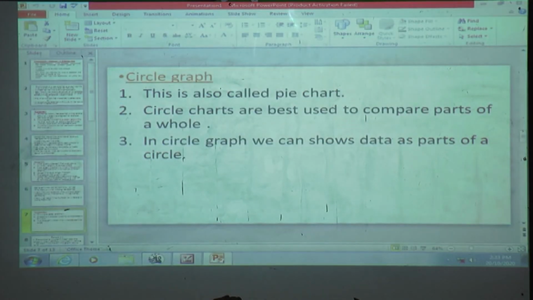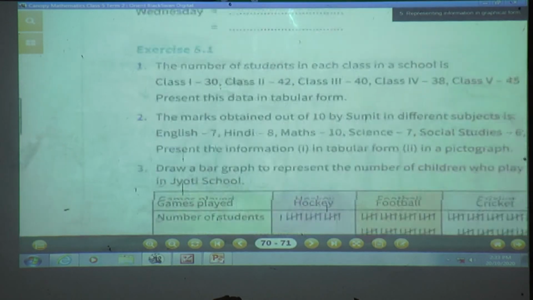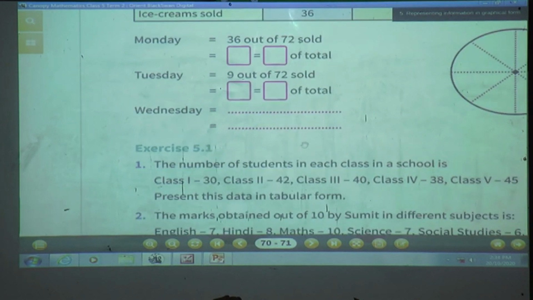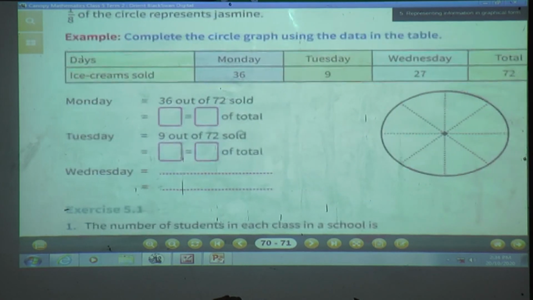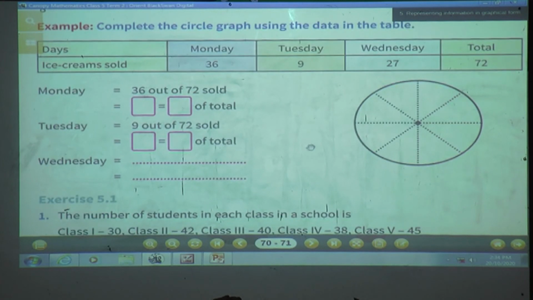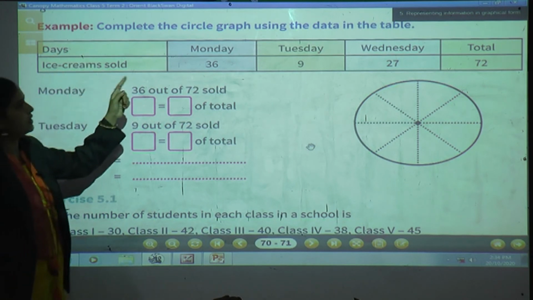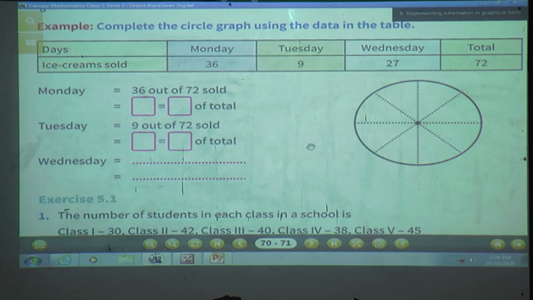Open page number 71. Here they have given us one example. See it. Complete the circle graph using the data in the table. Here they have given days and ice cream sold. Monday, Tuesday, Wednesday.